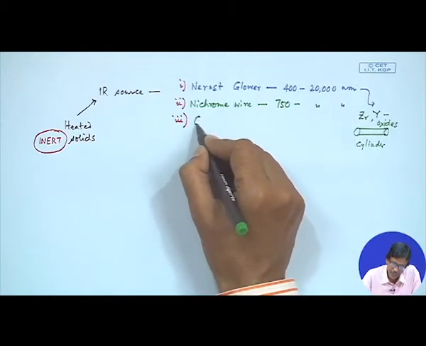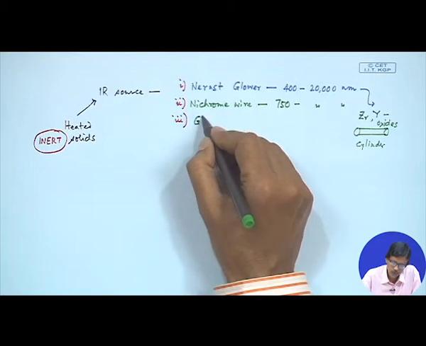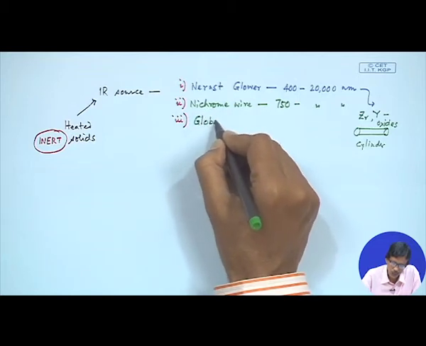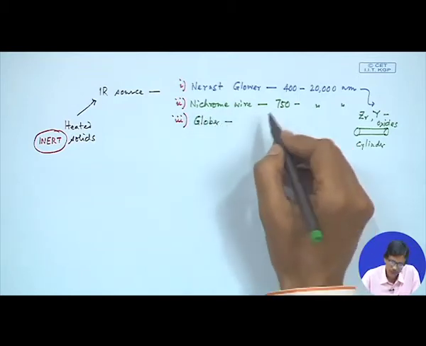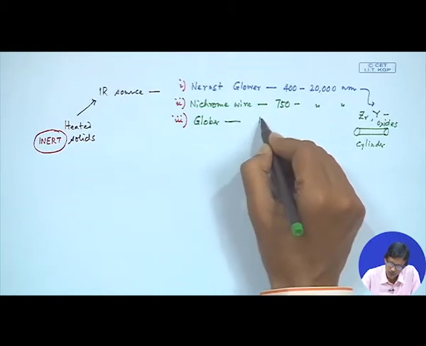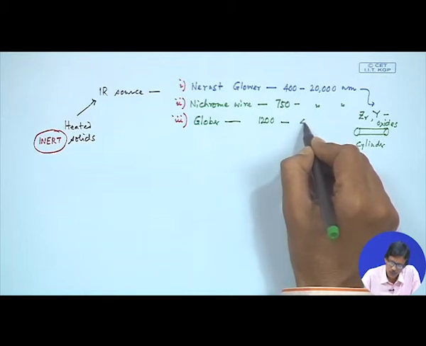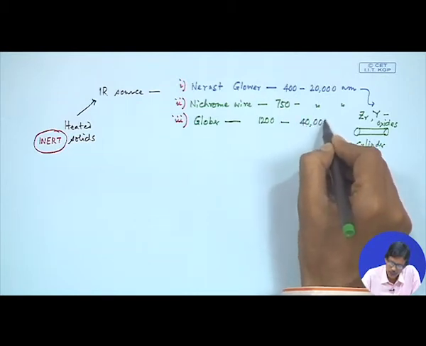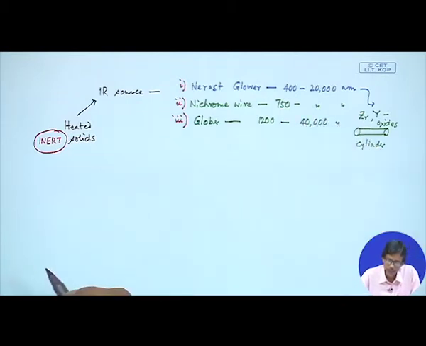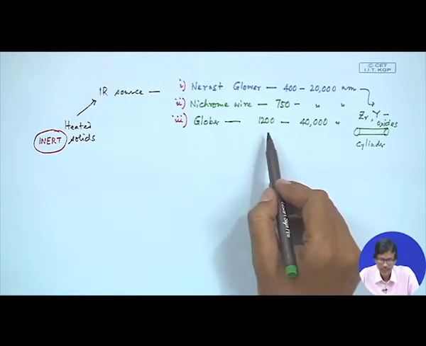Then another well known source for IR radiation is the glow bar, which is only available from 1200 to 40,000. The other range is higher, that is why most of the time we use this one.